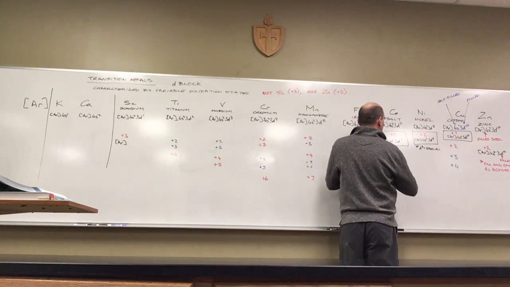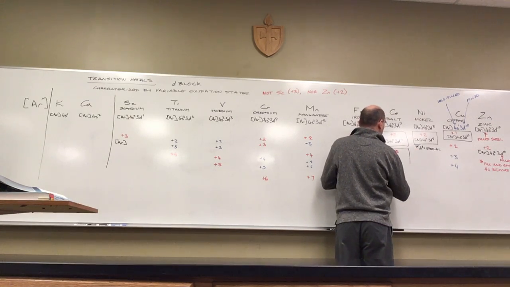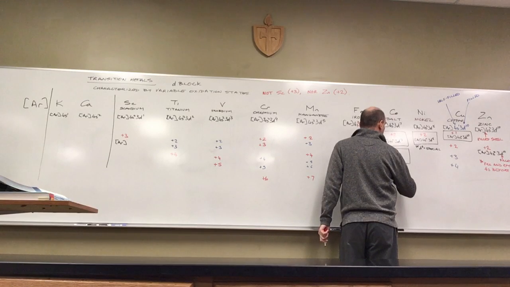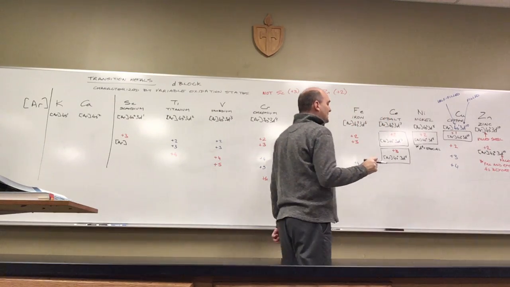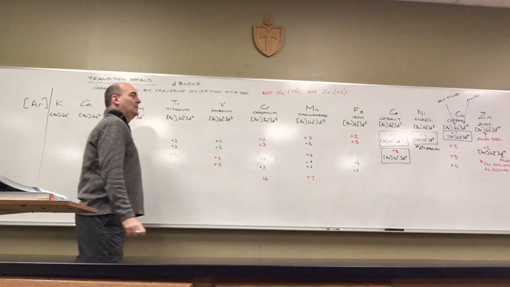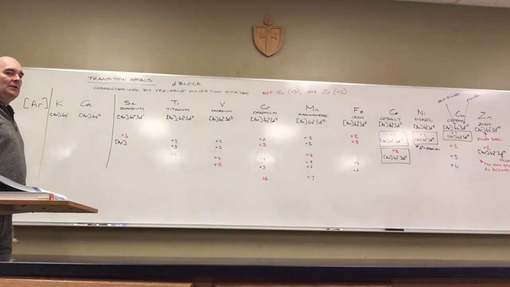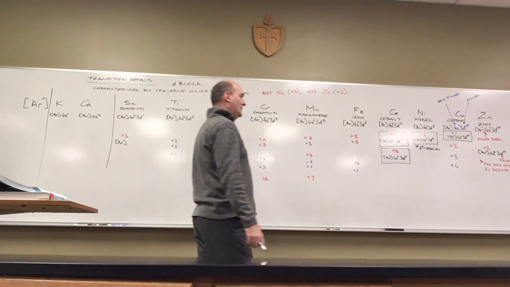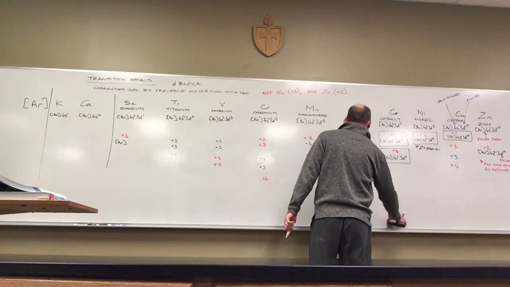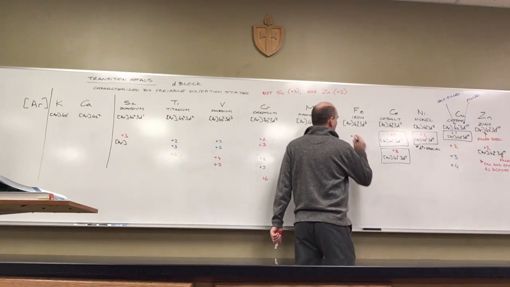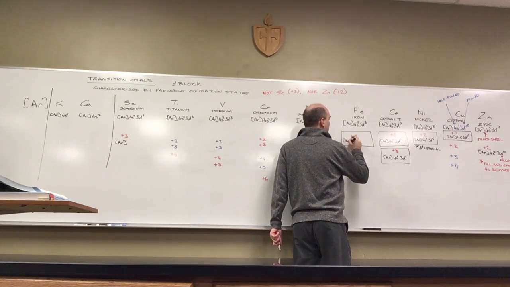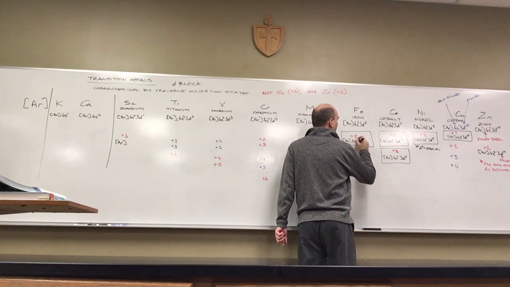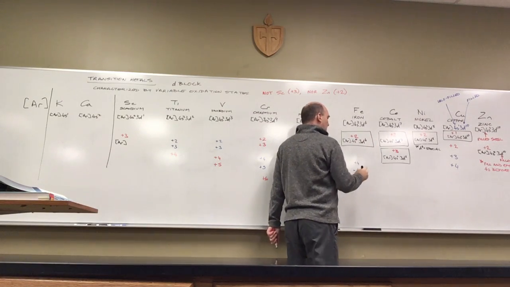If you're the 3+, you lose from the S, and you lose 1 from the D. So cobalt has this 3d7 and 3d6 thing going on. For the +2, you get the 4s0, 3d6.